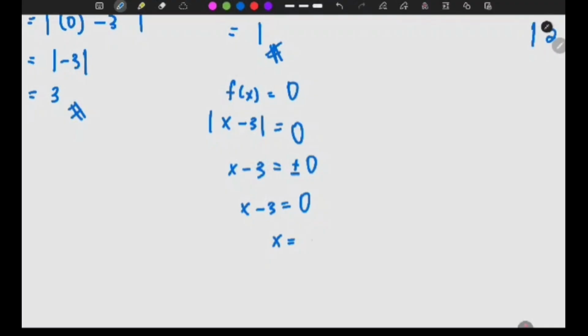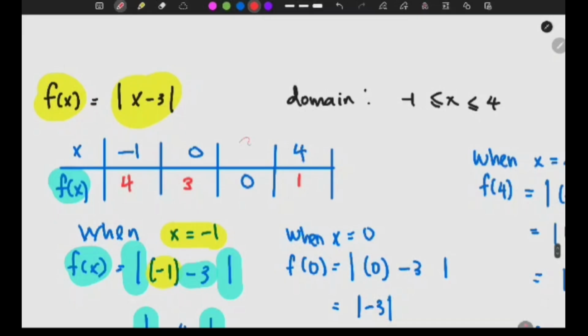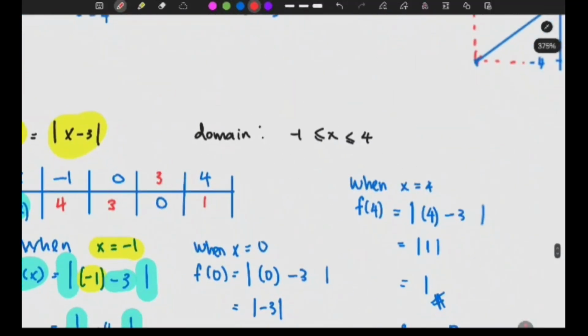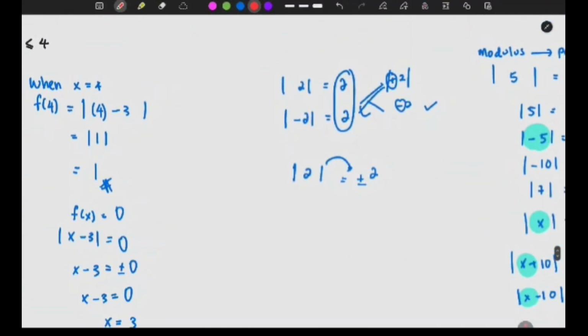So in this case your x is equal to 3. So done, you have already completed your table. I hope you're clear with the modulus. It's the same thing, guys. It's just like your square root, you bring that side and it becomes plus minus, right? It's the same thing.